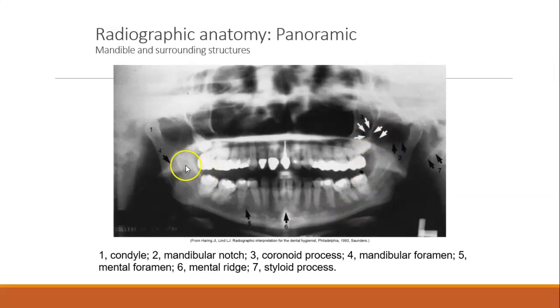Mandibular foramen starts up here, and then you have the canal running down here. You can see it a little bit better here, the mandibular canal, and then the mental foramen usually pops out right around the bottom of the premolars. Mental ridge, styloid process. You can see it a little bit here, sticking out, the styloid process.